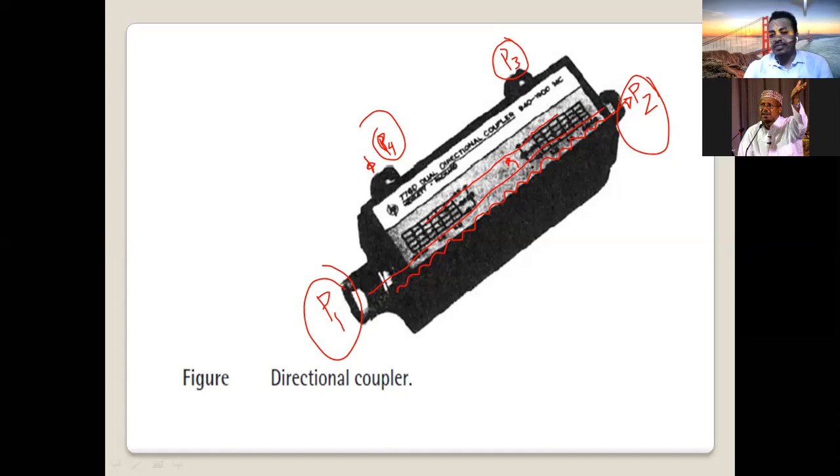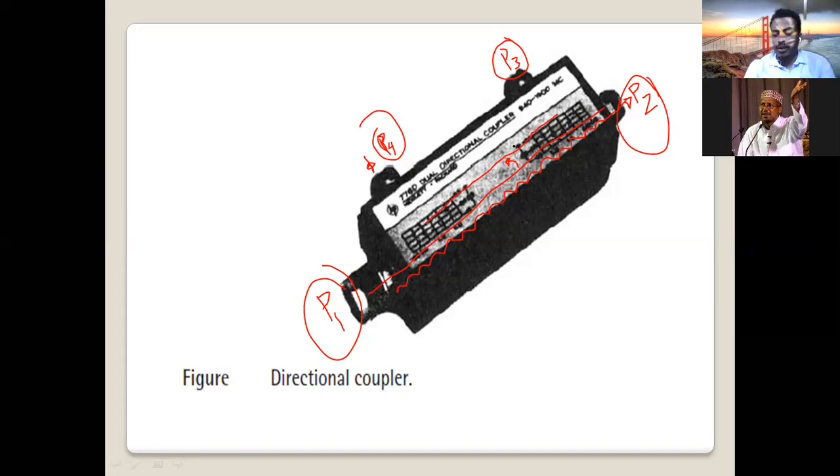How is the signal transferred? It's by coupling; the cables have no physical contact. No, there is no physical contact. But because of magnetic coupling, a small part of the signal is transferred to this second transmission line.